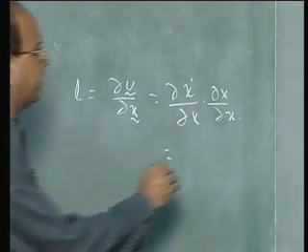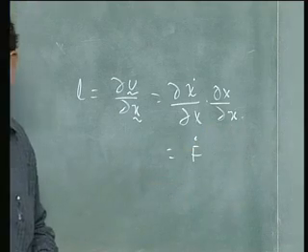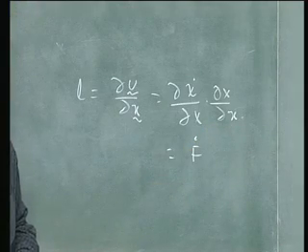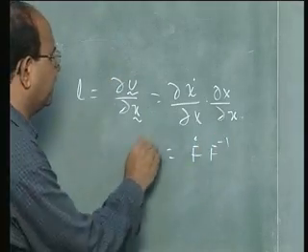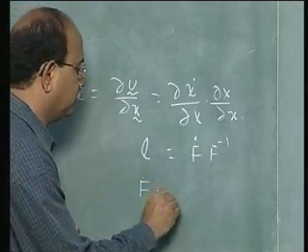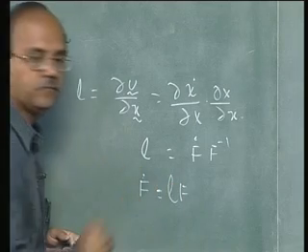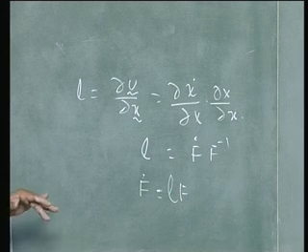F dot, right? And what is this? F inverse, that's all. It's very simple, that's why I wanted you to do it. So, F dot is equal to LF. It's a very important relationship. Okay, F dot is equal to LF.